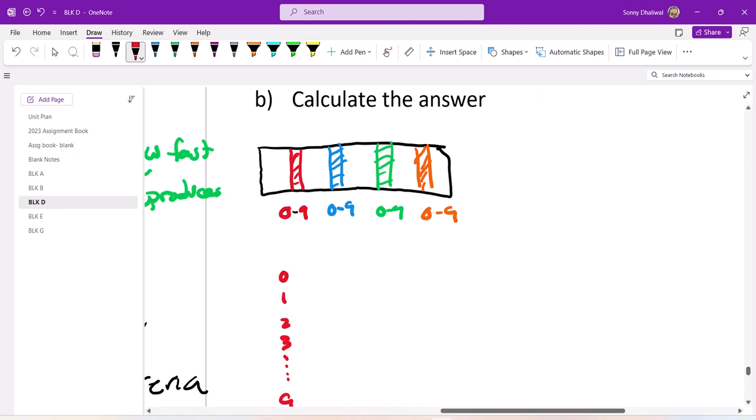So your lock code could be 0 on the first dial, then another 10 possible things here. Then you can have 1 on the first dial, then another 10 different possible numbers there. And the same for all of these.